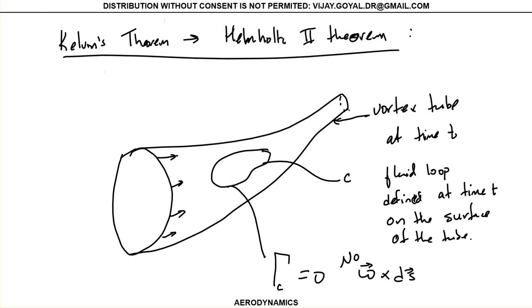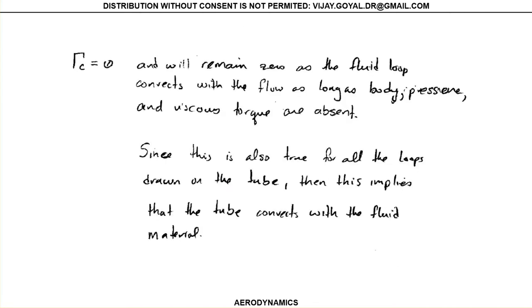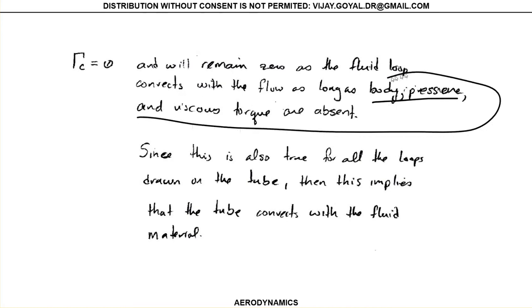What is also important to understand here is that I can generalize this, and say that your total circulation is equal to 0, and it's going to remain 0 as the fluid loop convects with the flow along the body. Just remember, this is all based on the fact that your body forces, pressure loads, and your viscous torque are absent.